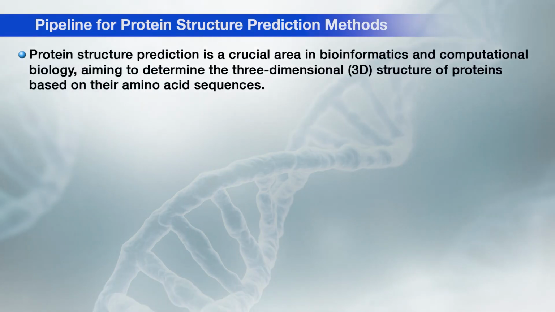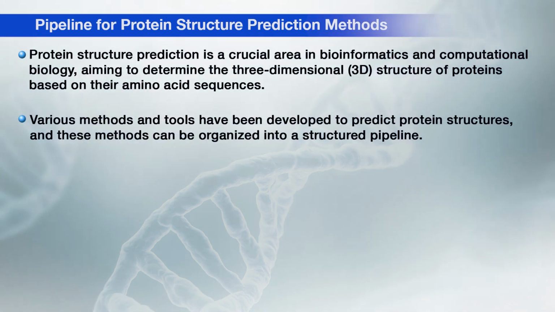Protein structure prediction is a crucial area in bioinformatics and computational biology, aiming to determine the three-dimensional (3D) structure of proteins based on their amino acid sequences. Various methods and tools have been developed to predict protein structures, and these methods can be organized into a structured pipeline.